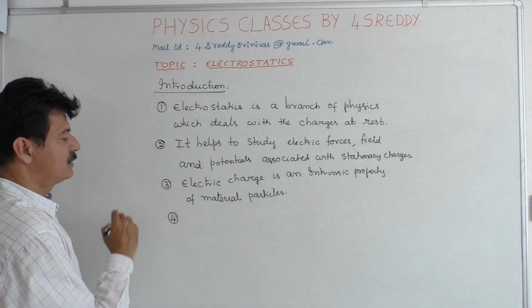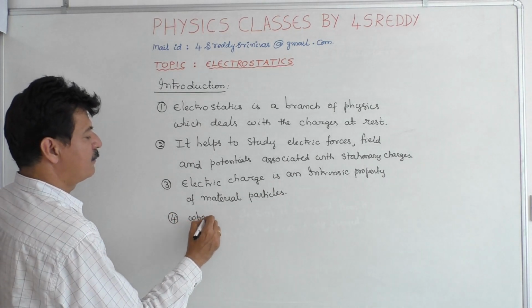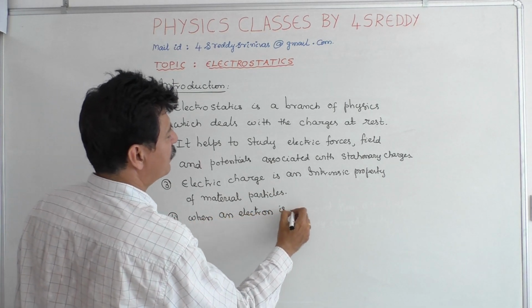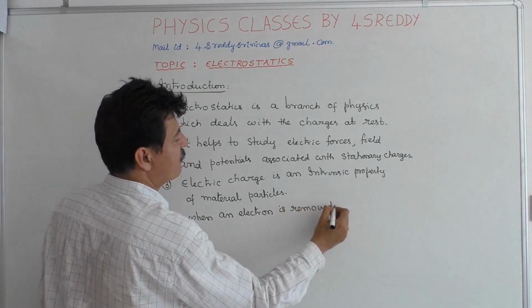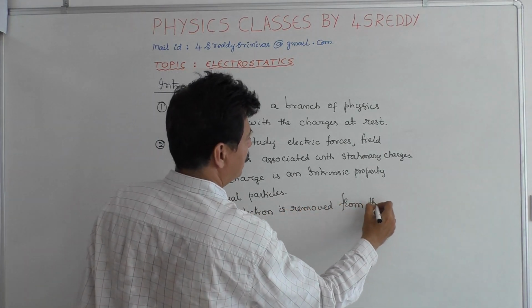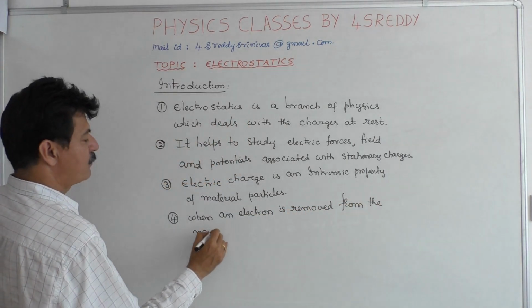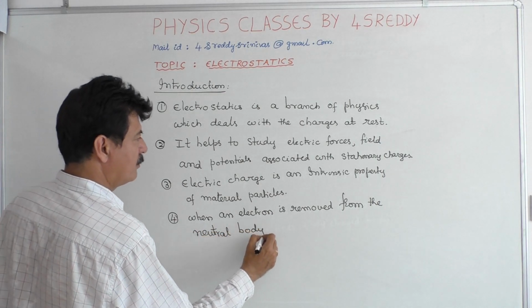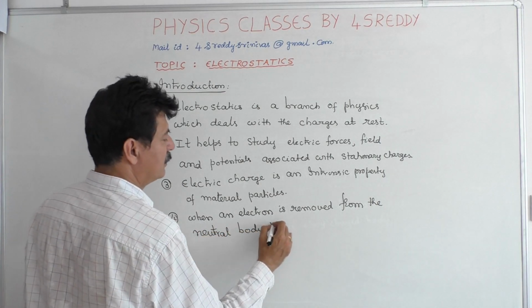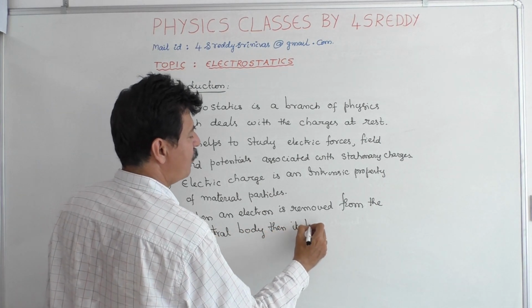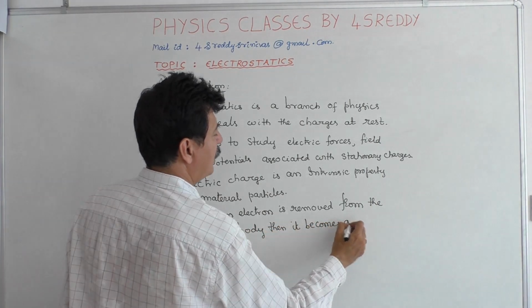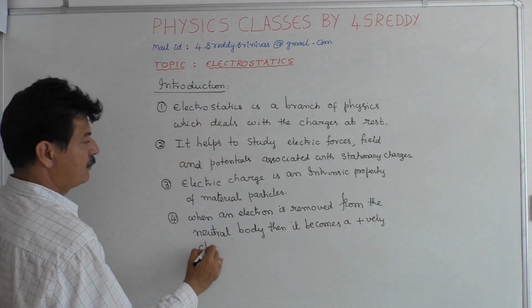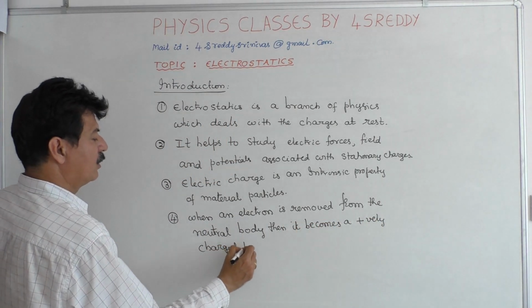And the fourth one is when an electron is removed from a neutral body, then it becomes a positively charged body.